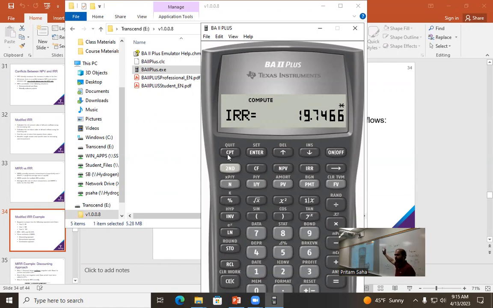If we discount this $100 outflow, this is the value today. If we sum them up, we generated another series of cash flow. Now there are no non-conventional problems because the sign changed only once. IRR should be only one, which is 19.7466%.